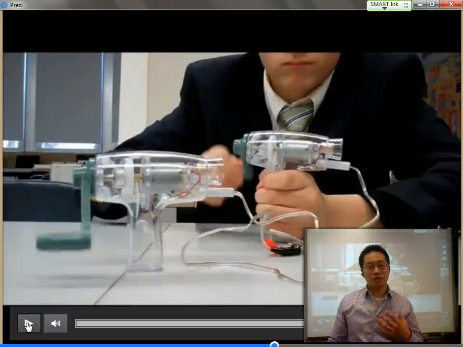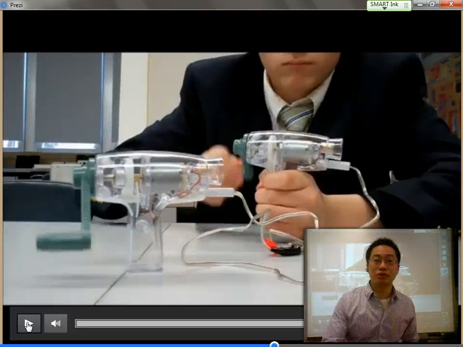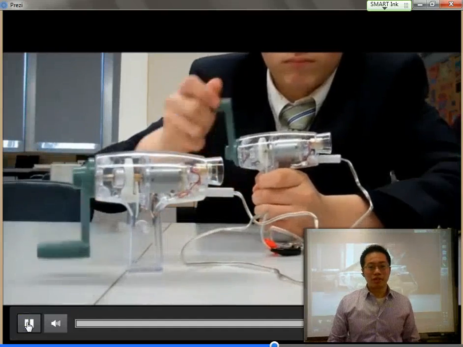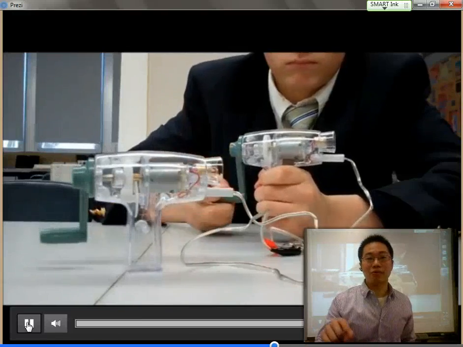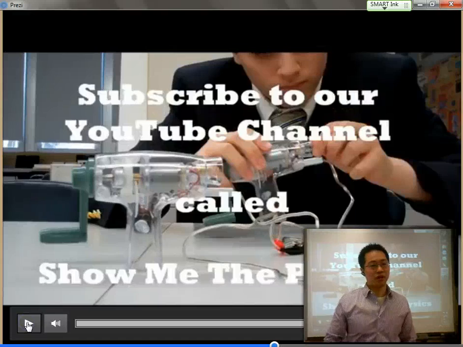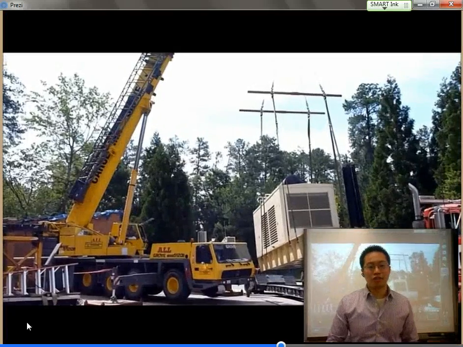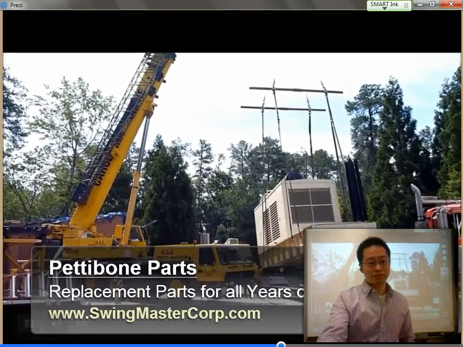The mechanical energy is turning into electrical energy, which is turning back into mechanical energy. But notice, does the second generator rotate at the same rate as the original? No, it doesn't.